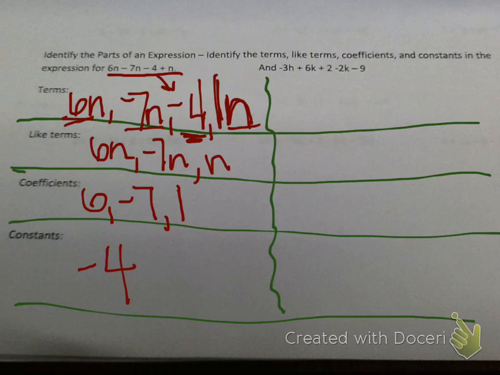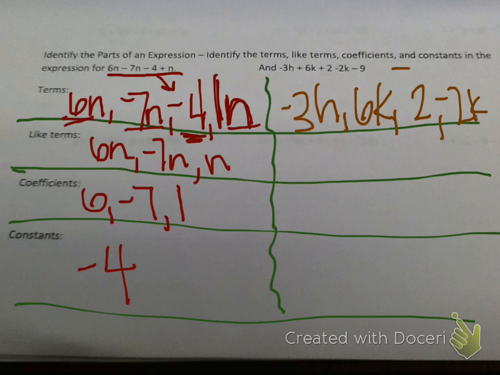Alright, let's take a look at our second example. The terms are separated by plus and minuses, so negative 3h is a term, 6k, 2, negative 2k, and negative 9 are all of the terms. The like terms, well, we can see here that 2 and negative 9 could be combined.